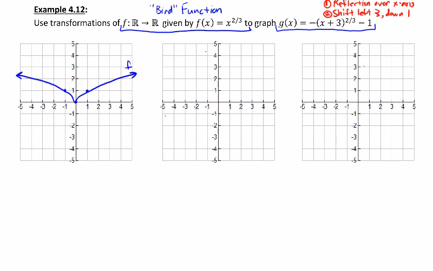And I'll label this as F. So for the middle picture, I want to take my bird function and apply the first transformation, which is the reflection over the x-axis. And it looks like this.